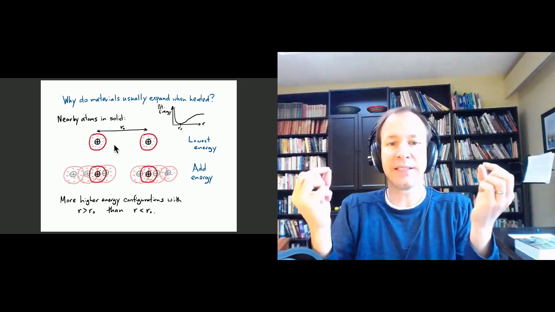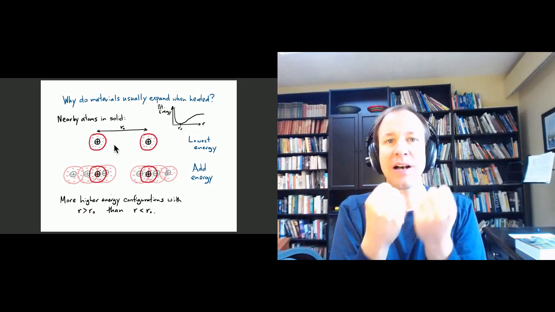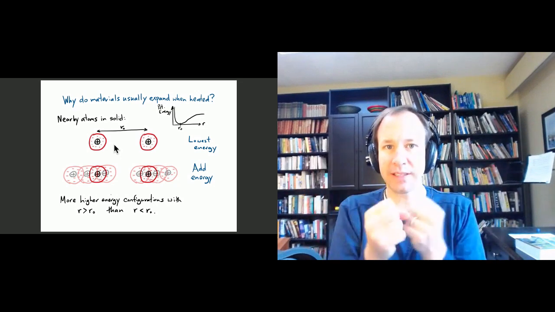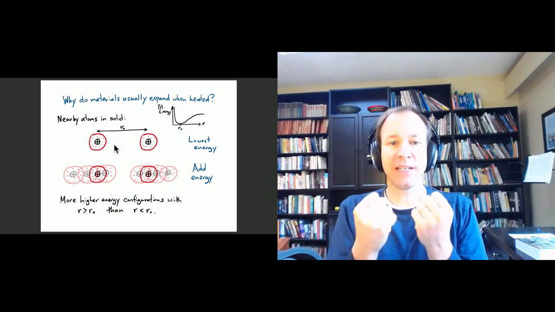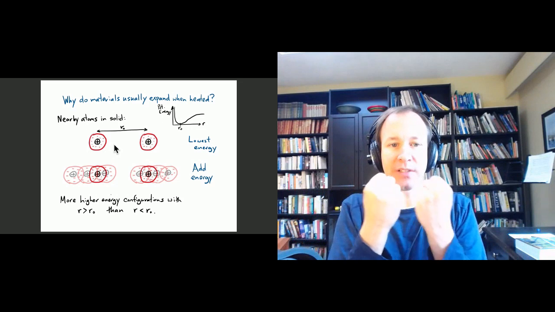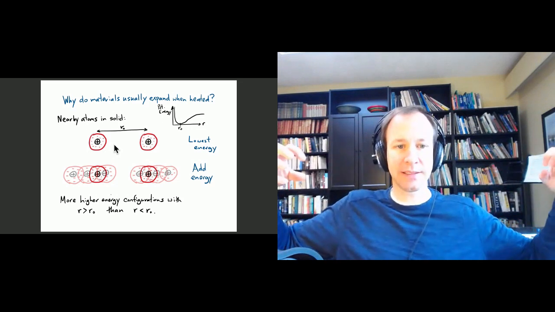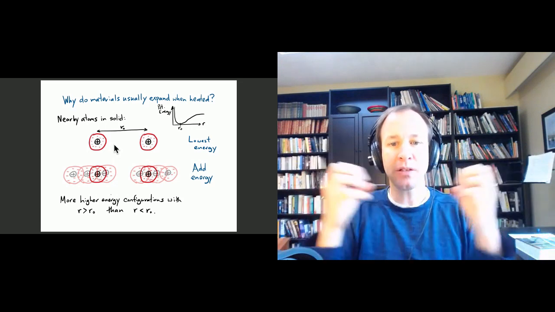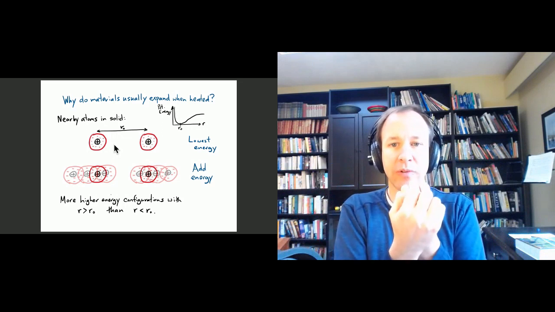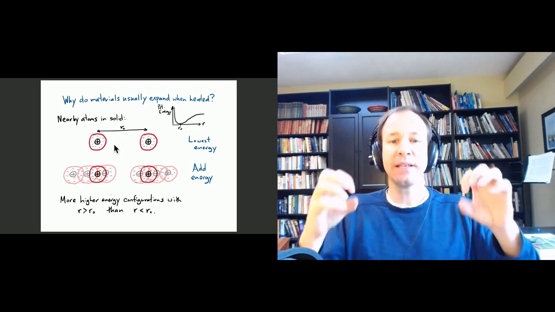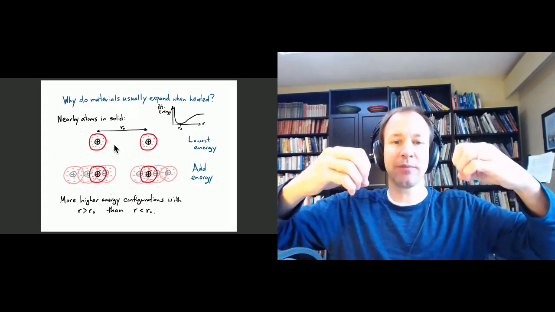If I try to put the two nuclei of these atoms right on top of each other, that will cost an infinite amount of energy because you have this Coulomb potential that goes to infinity as you place two positive charges on top of each other. So even though there's an attraction at long distances, there's going to be this repulsion that eventually happens if the molecules or the atoms get too close to one another. So in summary, there's some particular distance where you have the least possible energy.